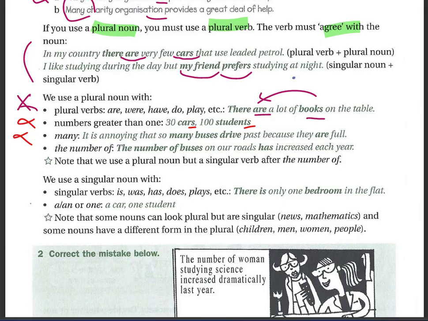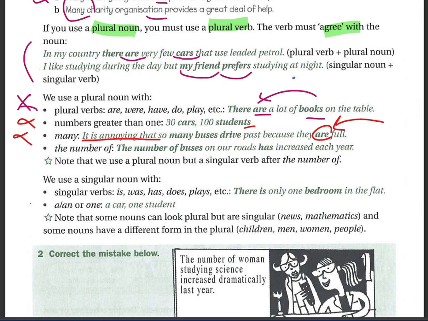The next one, many. When you see many somewhere, it means it's plural. So you need to use a plural noun. Look at here. It is annoying that so many buses drive past because they are full. So because you're seeing many in this structure, after that, buses is plural and also they are full.